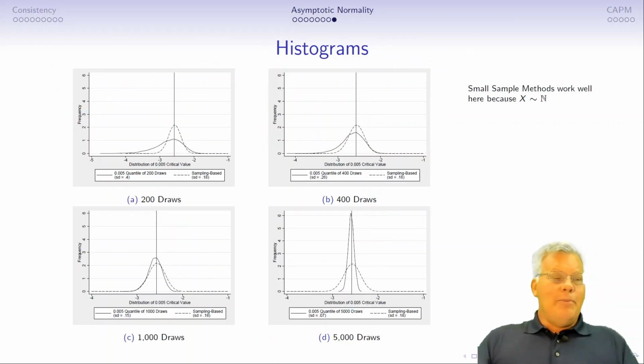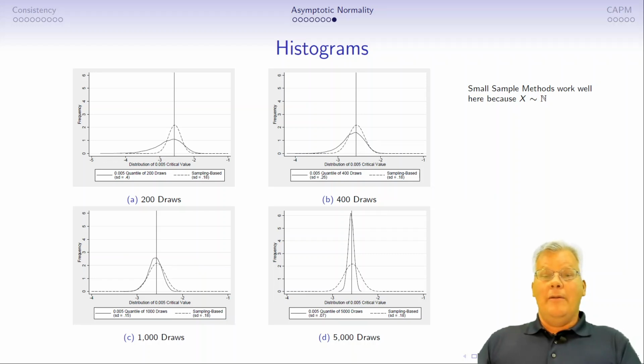So I did it empirically in Stata. Actually, I think we're going to probably spend some time going over randomization methods, so we might talk about these methods in a little more detail. So in panel A, we're comparing the two techniques with 200 draws.